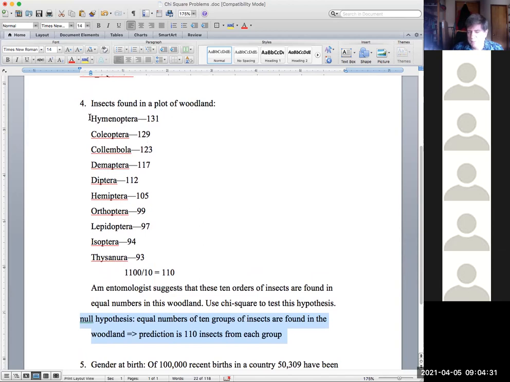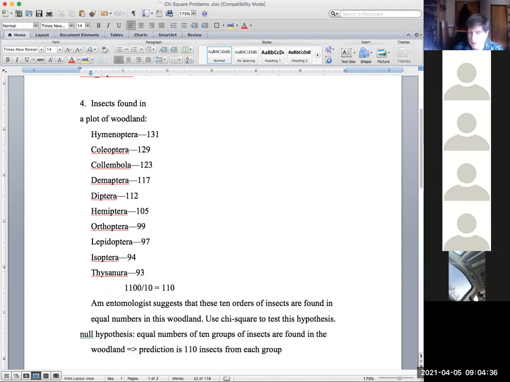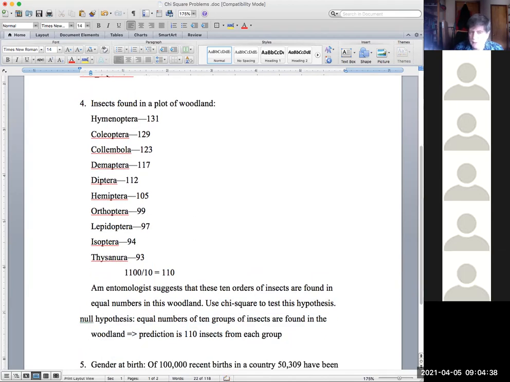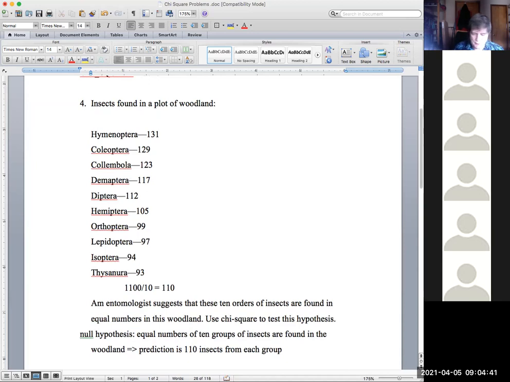So some people pointed out that if you look at these numbers, this is really your observed number right here. And then our expected number is going to be 110, not 220.